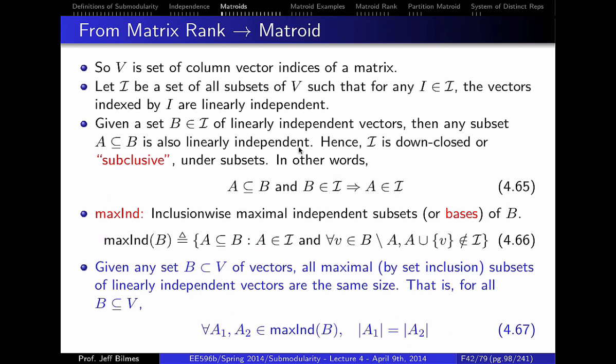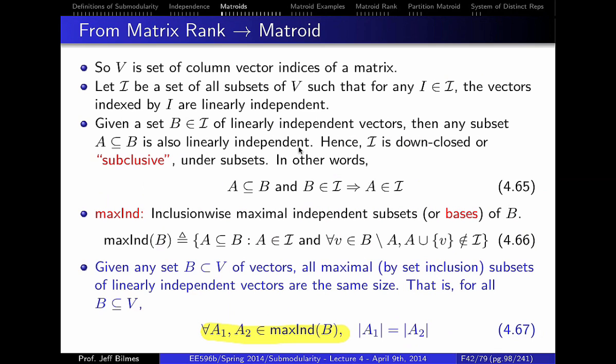Now, one thing that we know is intuitively, we should be able to reason pretty readily that from the perspective of a linear space, when you've got a matrix, if we actually have two maximally independent subsets, or what are called two bases of B, they're going to necessarily be the same size. So let's say that we have A1 and A2, and they're not necessarily the same set, but they have to be the same size.